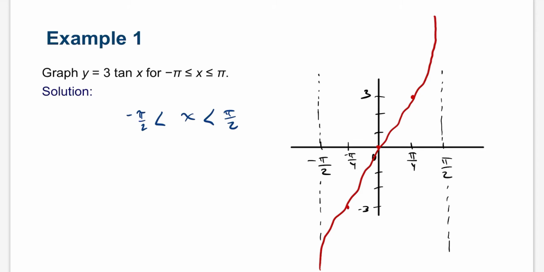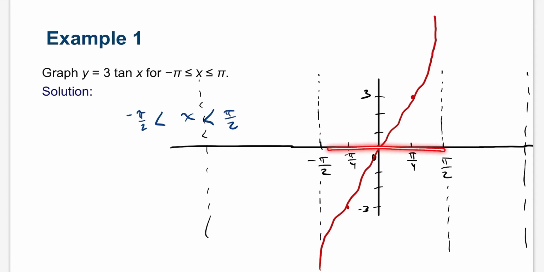And they give us an interval. They want us to extend it a little bit further to the left and a little bit further to the right. So we can always do that by just extending in both directions. So the other asymptote would be way over here somewhere. The other one would be over here somewhere. So the period is pi. The distance between this value and this value is pi.